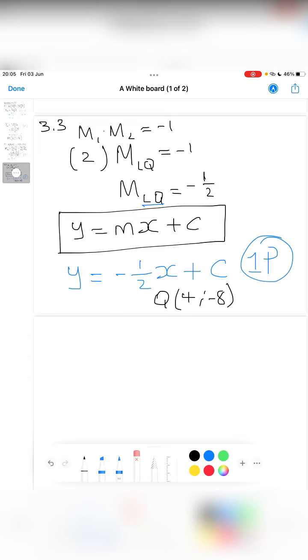I've just said y minus y1 is equal to m into x minus x1.